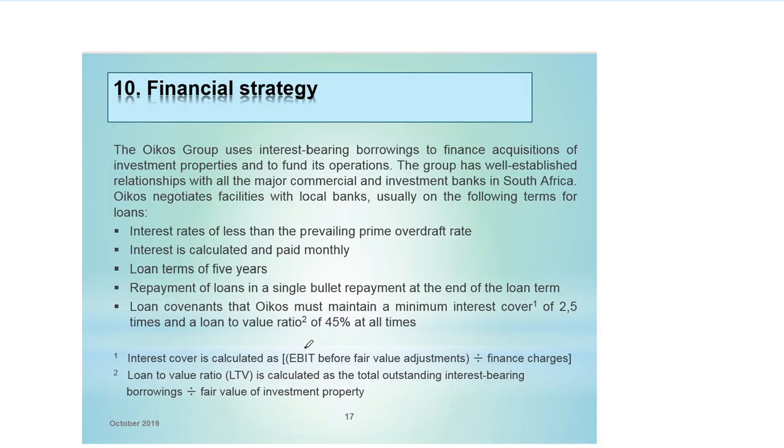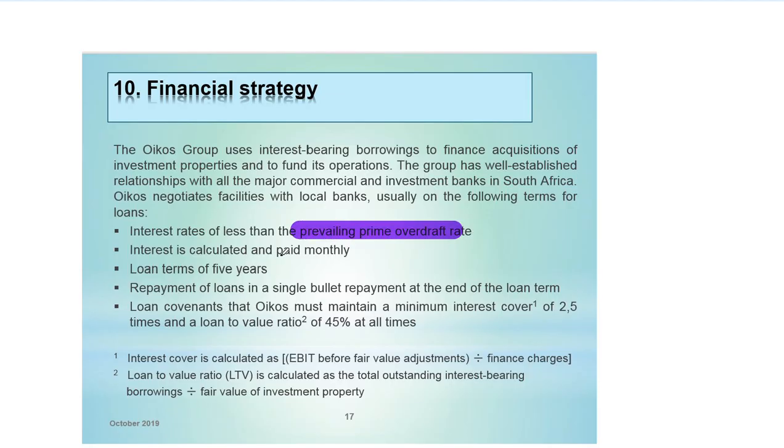The Oikos Group uses interest-bearing borrowings to finance acquisition of investment property and to fund its operation. The group has well-established relationships with the major commercial and investment banks in South Africa. Oikos negotiates facilities with local banks, usually on the following terms. Interest rate of less than the prevailing prime overdraft rate.